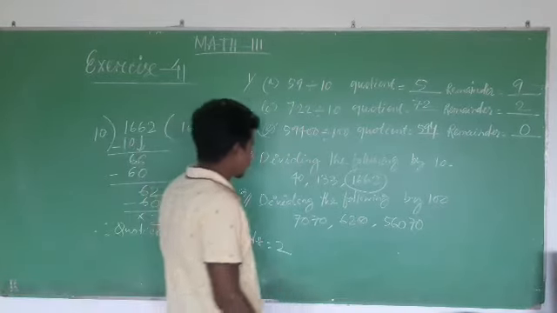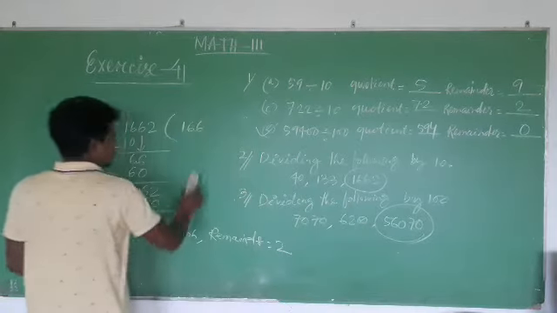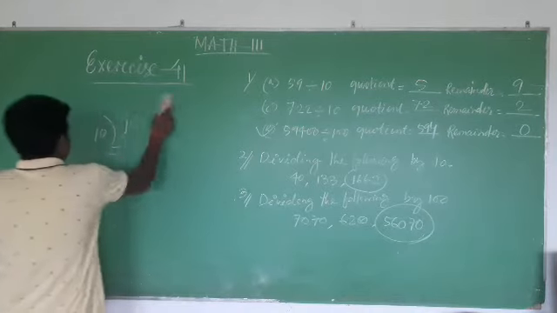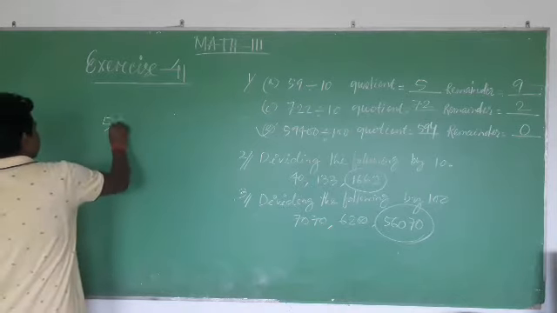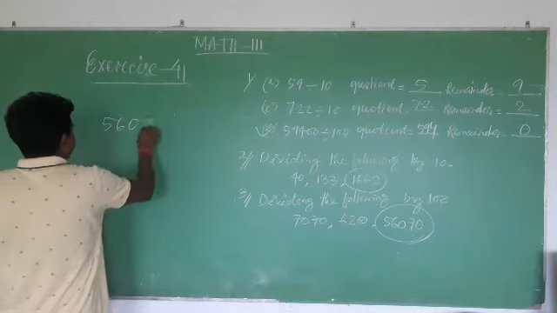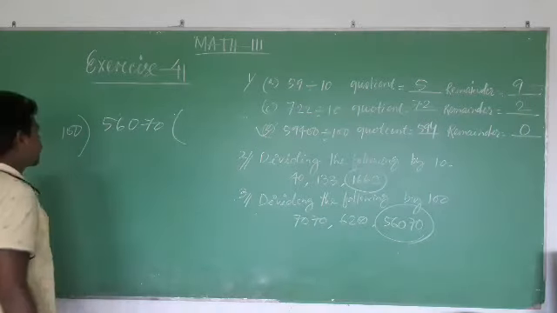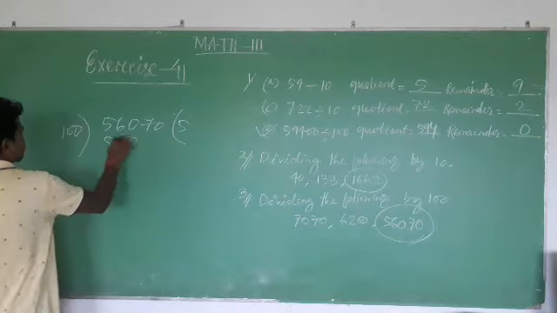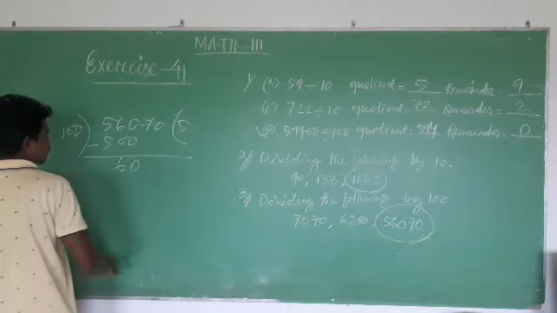Okay. This is the greater number. This one I am doing for you all. That is 56070 divided by 100. Okay. 100 5 is 500. Doing minus, 0 6.